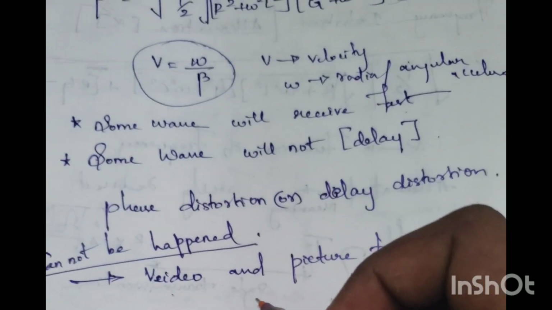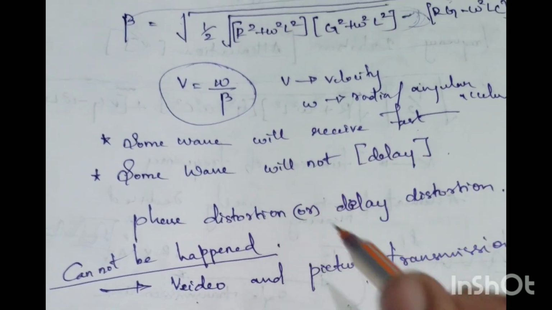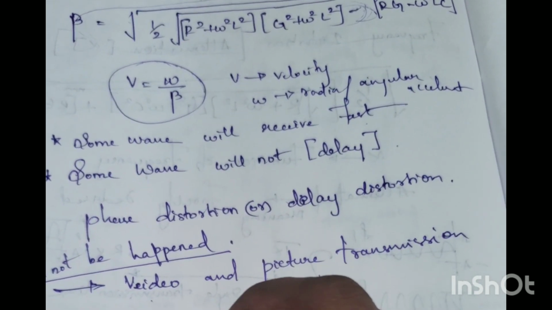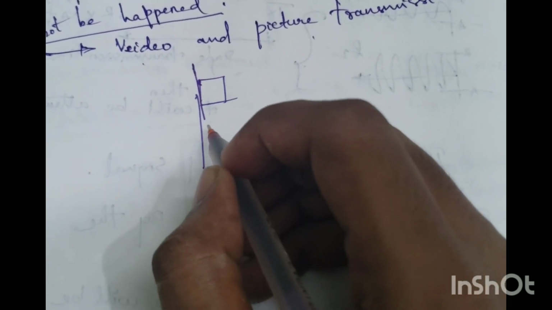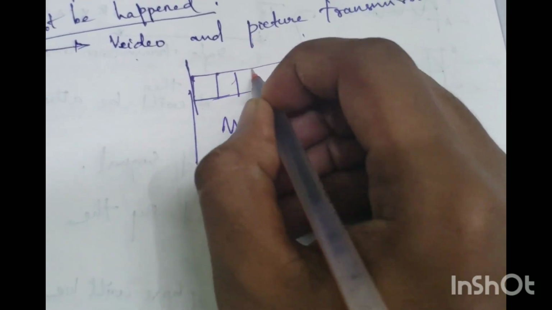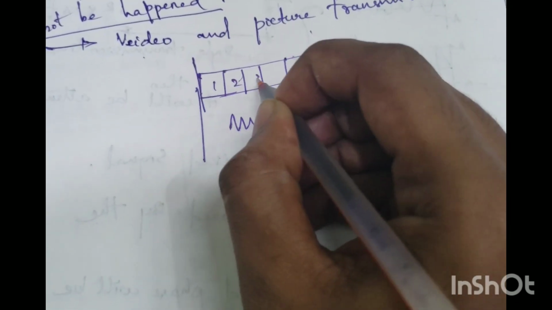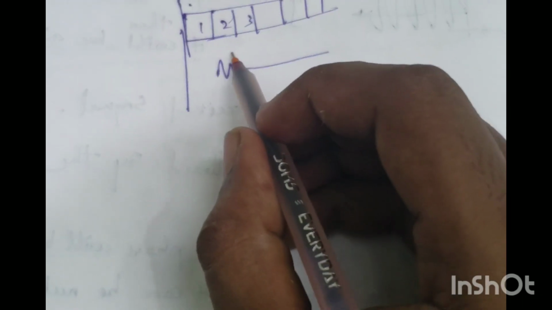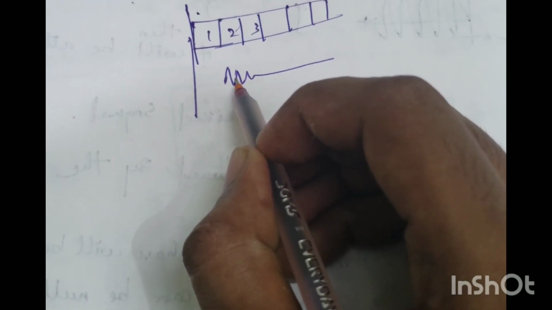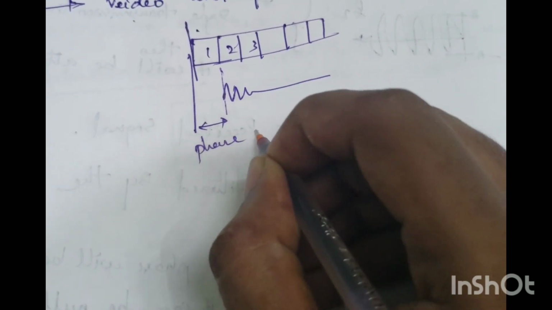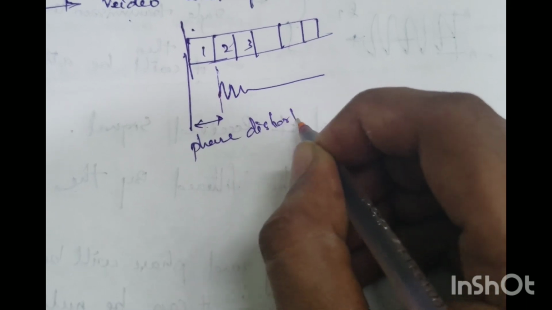For example, when we play a video, the picture is formatted in frames, frame 1, 2, 3. The frame starts here, but our audio starts later. This lag is called phase distortion.